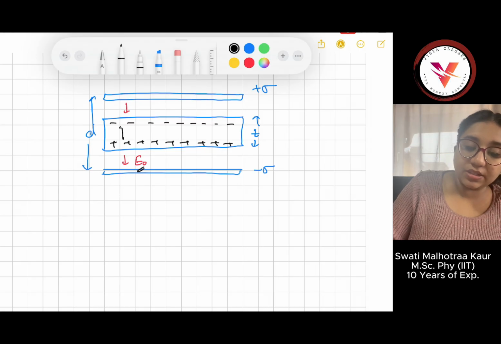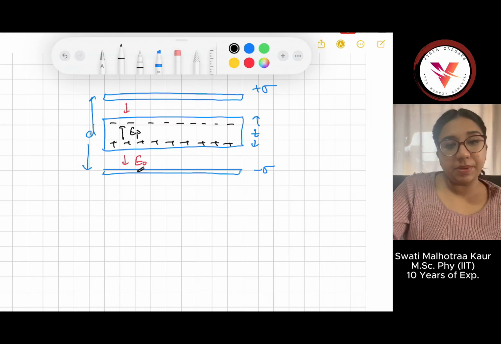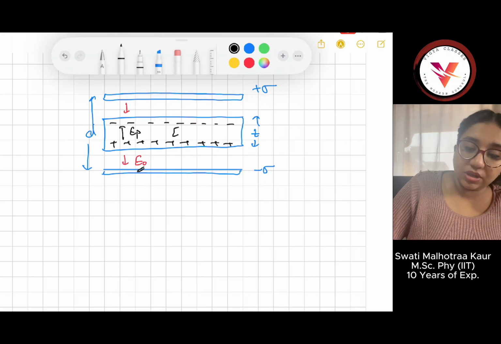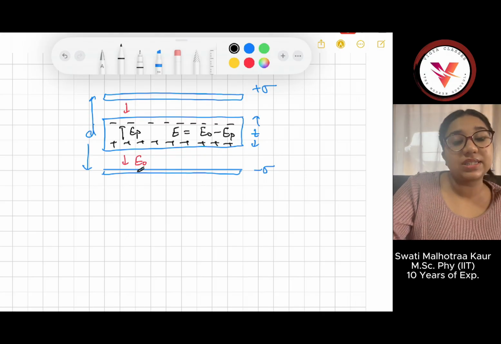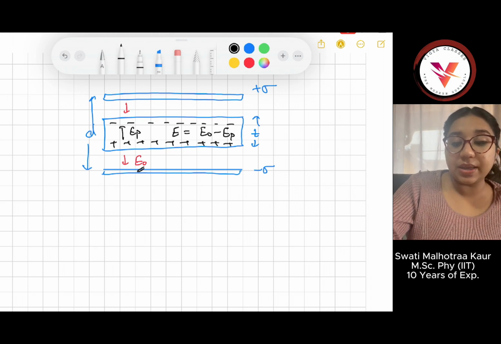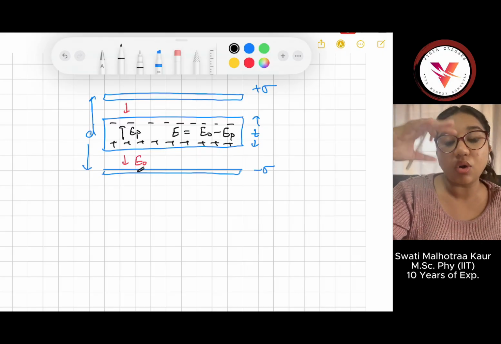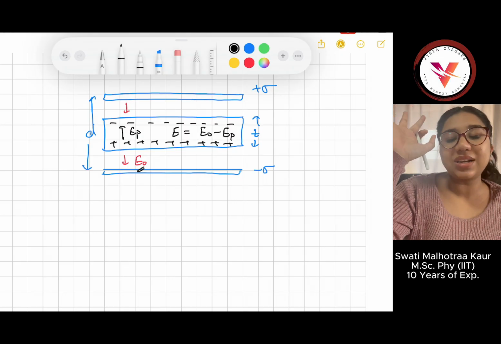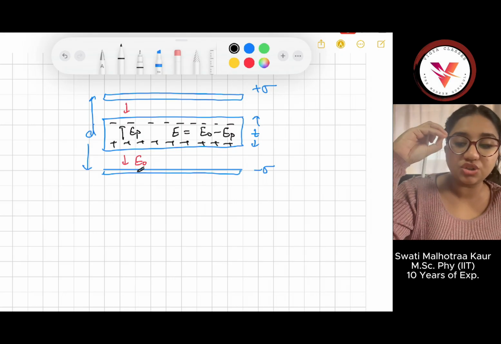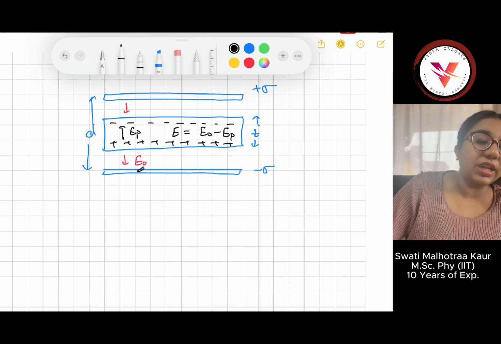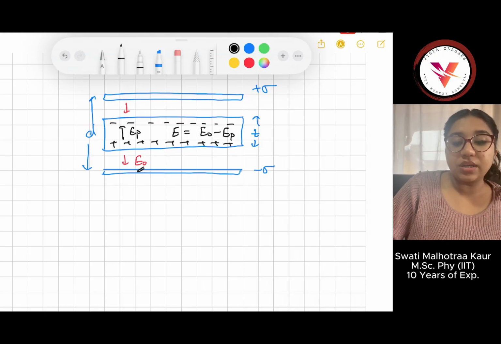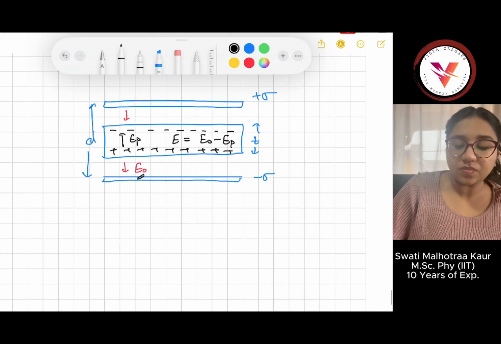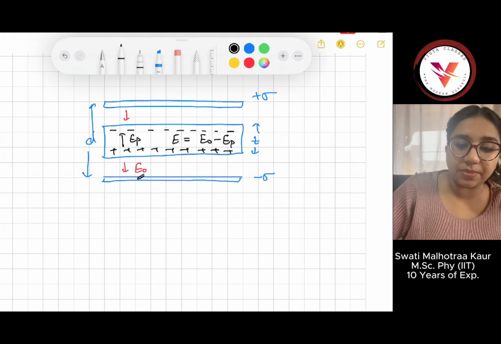And from plus to minus, there will be an electric field EP, the polarized electric field. So the net electric field here would be E naught minus EP because it is a dielectric. If it were a conducting slab, then EP would equal E naught, since polarization occurs until all the charges are separated in a conductor. But it is not a conductor, it's a dielectric. So some charge will be left, E naught and EP are not equal, and therefore there is some electric field inside the dielectric slab.